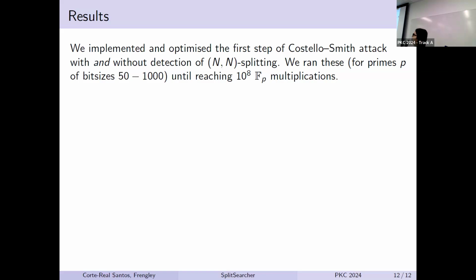Note we couldn't actually solve the problem for these primes because it's a hard problem, so we just capped the number of FP multiplications. In the paper, we actually solved this problem for smaller primes and said concretely how many FP multiplications it took. But for the purposes of the presentation, I'll just show you the cryptographic size primes.